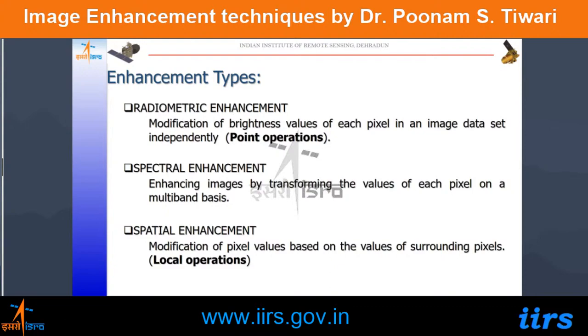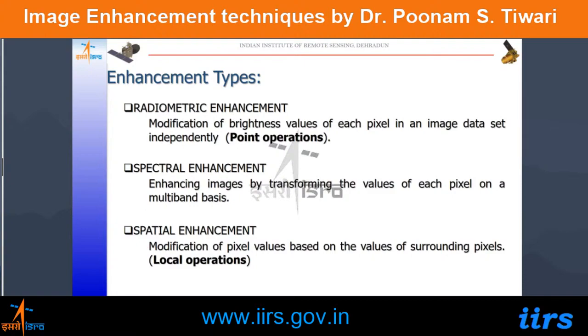We will start discussing these enhancements one by one, and we will start with radiometric enhancement. As we have already discussed, it is the modification of brightness values of each pixel in an image dataset independently. That means the original brightness values would be used to calculate the new brightness values.